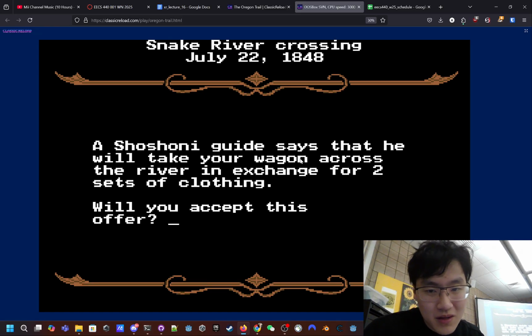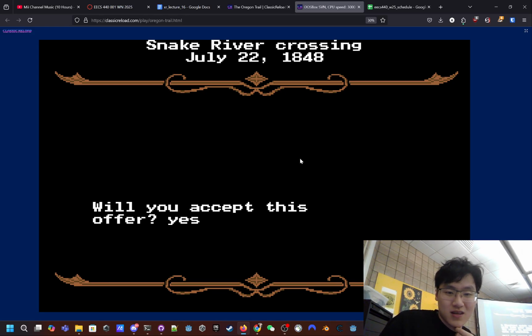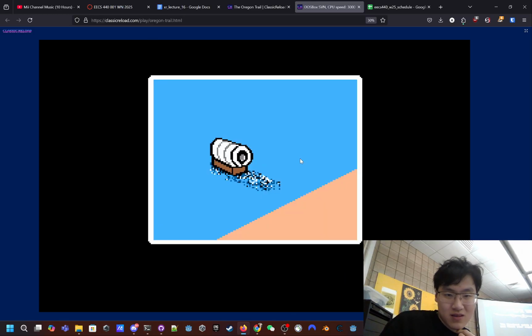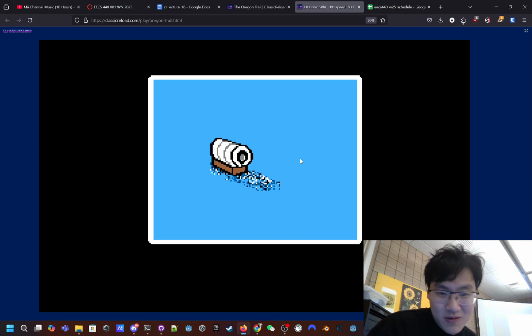The guide says he will take your wagons across in exchange for 2 sets of clothes. I feel like clothes were not that important in this. I think you owe a lot. Yeah. We should just do it.